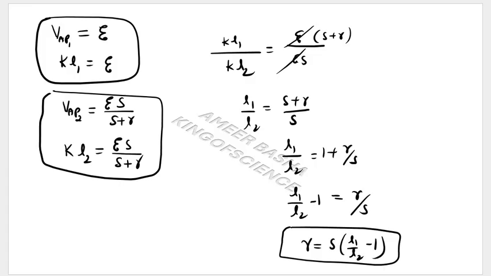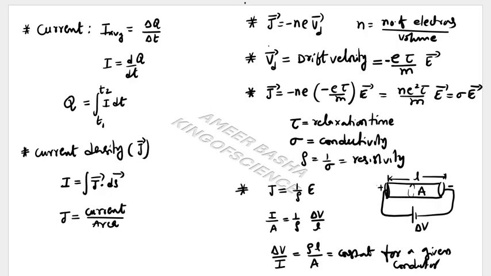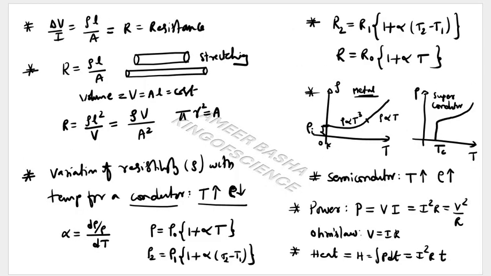So I just explained all the concepts clearly. The important things: current density and the important relations, followed by resistance, which is indirectly Ohm's law. Then based on resistance, what types of problems will be asked. Then the variation of resistivity with temperature.